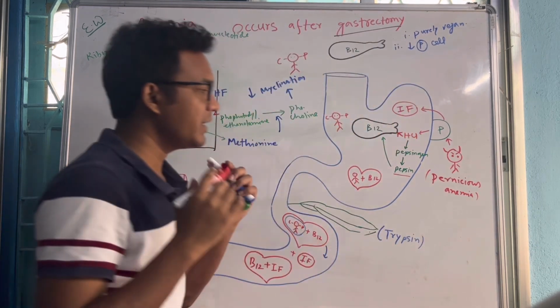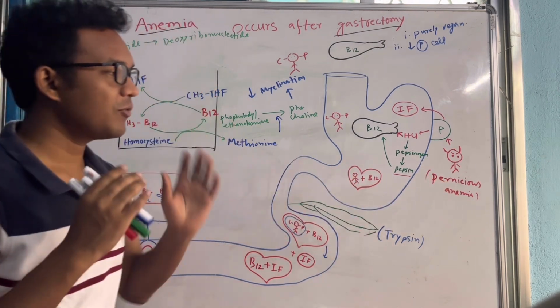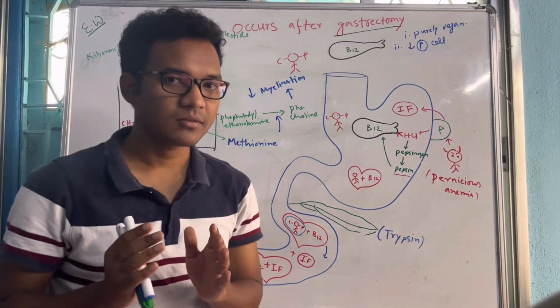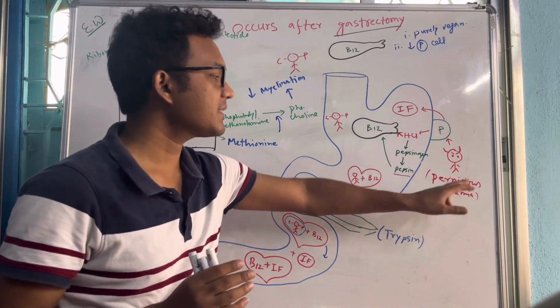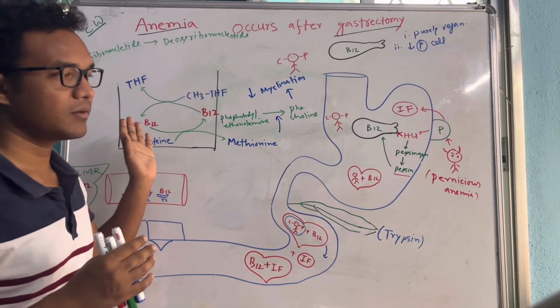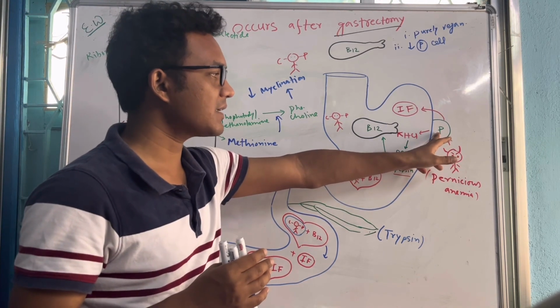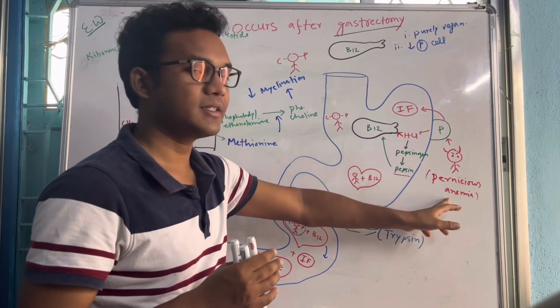Here you have to clear a confusion: pernicious anemia and megaloblastic anemia are not the same thing. Pernicious anemia is one of the causes of megaloblastic anemia. When there is autoantibody against the parietal cell, it is known as pernicious anemia.